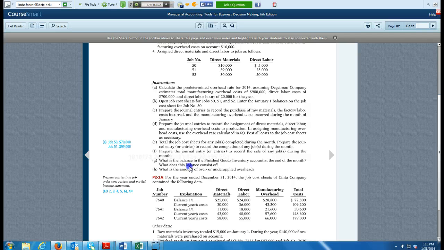Now, the last part of this problem, and we will be done, is what is the amount of over or under applied overhead? Let's think about this, guys. Manufacturing overhead.